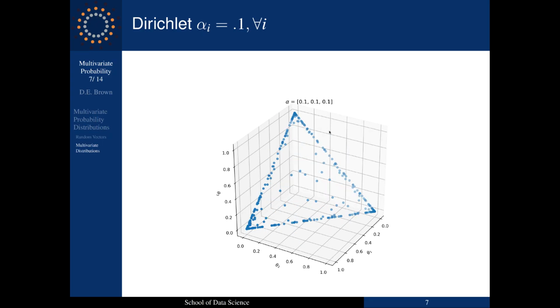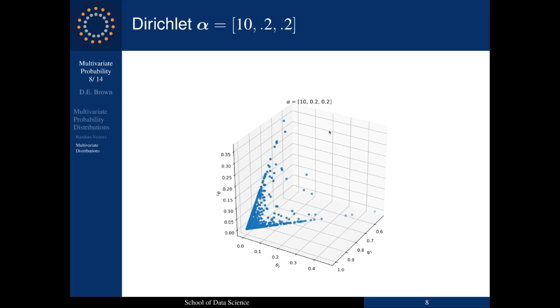But we can get something very much like that bathtub distribution that we saw with the beta. In this case, we can use values for alpha of 0.1, and we see we're at the edges of the simplex with very little likelihood of being toward the center. And we can even cluster towards one of the edges. We can get a variety of different shapes, just like we did with the beta distribution.